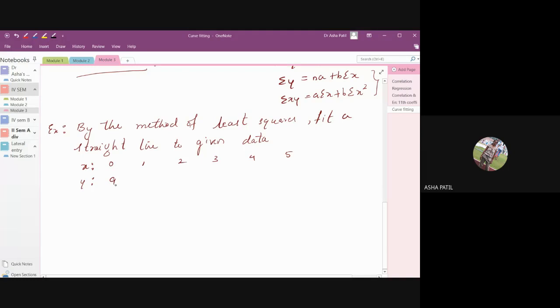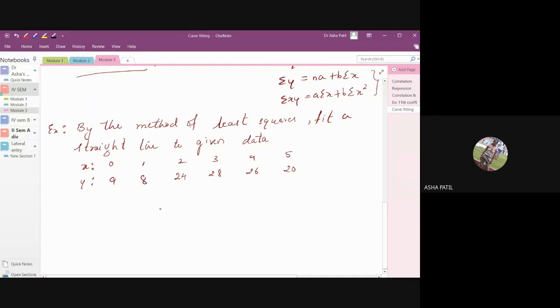The corresponding y values are 9, 8, 24, 28, 26 and 20. Okay, so this data is given to us.